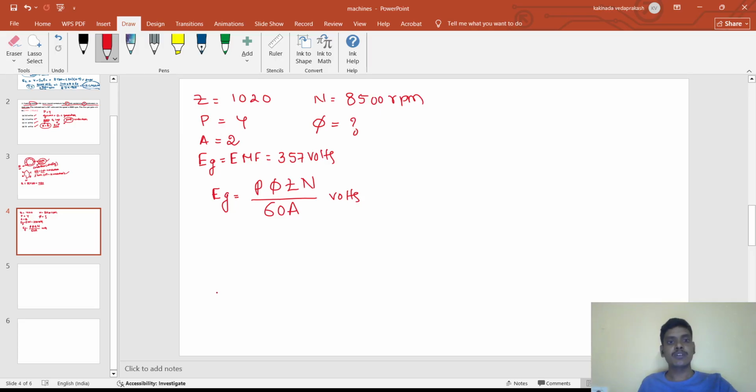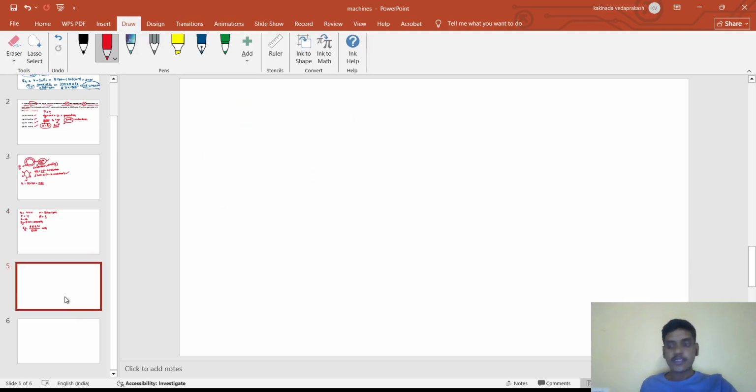Now you can substitute all the values they have provided. What is the value of P? 4. Z is the total number of conductors, 1020. The speed is 8500 rpm.